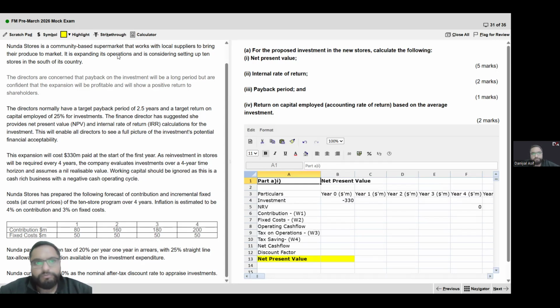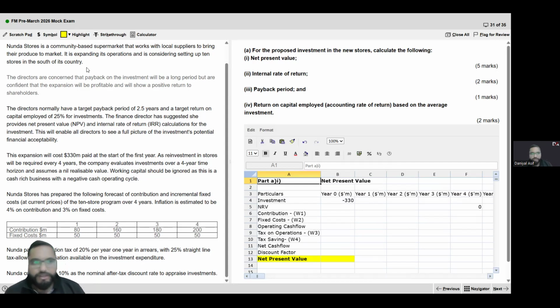Nanda Stores is a community-based supermarket that works with local suppliers to bring their produce to the market. It's expanding its operations and is considering setting up 10 stores in the south of its country. So basically, we are planning to expand. Because it is expansion, our cost of capital is going to remain the same. We are in no need to change the cost of capital.